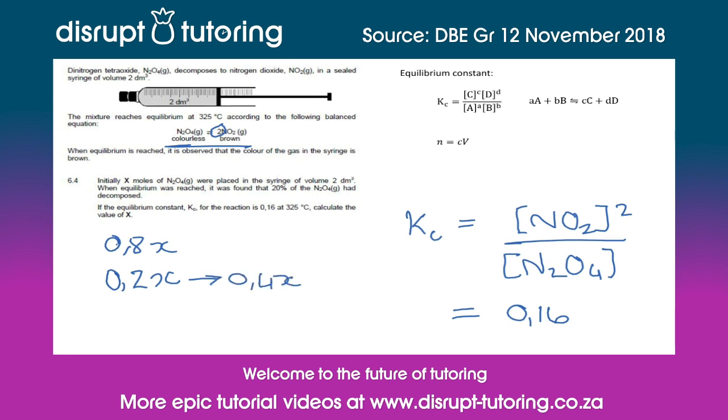So from these values we can find the concentration of both the substances at equilibrium in terms of X. If we simply divide by the volume, which is equal to 2 decimeters cubed, and then we can plug those values into the equation for the equilibrium constant and solve for the value of X. So if we do that, we find that the value of X is equal to 1.6 moles.